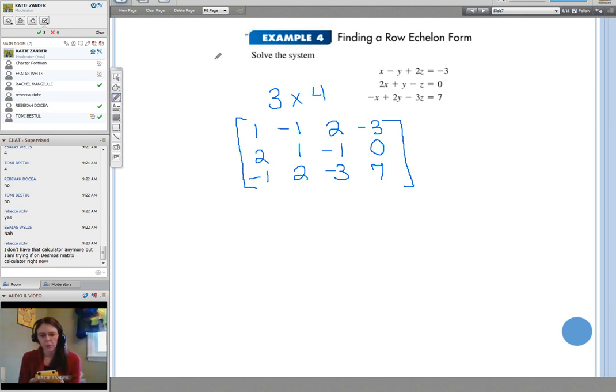I'm going to keep scrolling down because what we actually want is, if we take a look at A and B, so if you use the arrow that scrolls way, way down, you can see REF and RREF. So REF stands for row echelon form. See, check it out right up here. Row echelon form, REF.